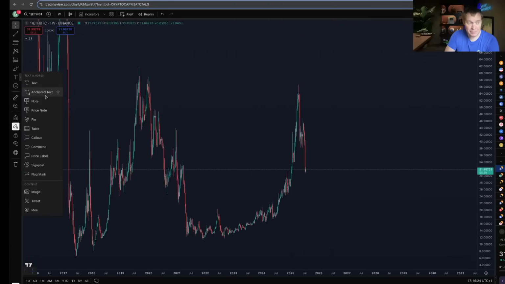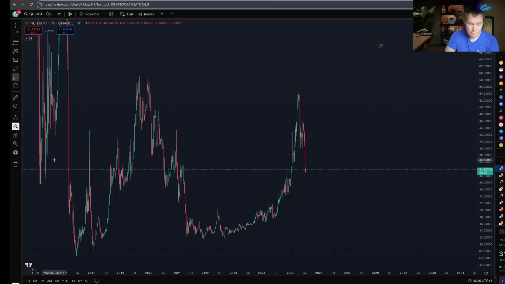Think about the inverse of it. In 2021, one Bitcoin was worth 11 ETH. In April, one Bitcoin was worth 56 ETH. See the difference? Right, that's the difference. And now one Bitcoin is worth 31 ETH.